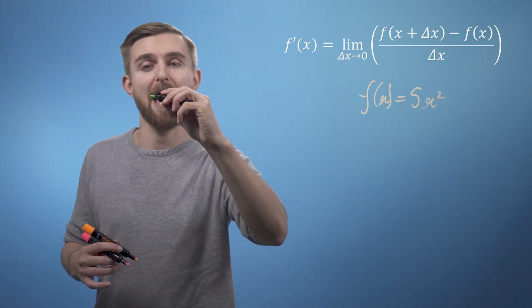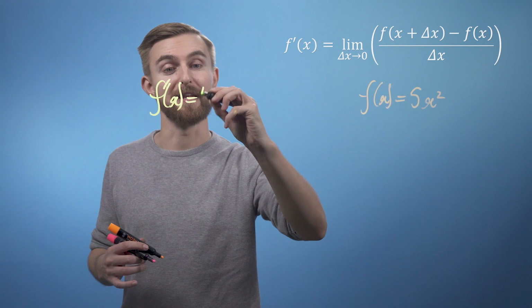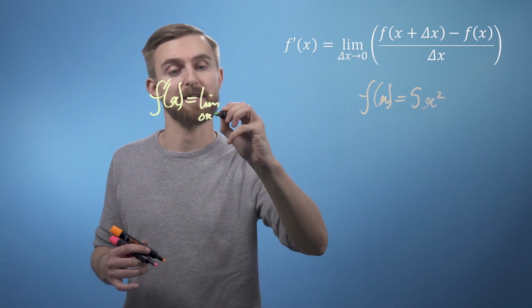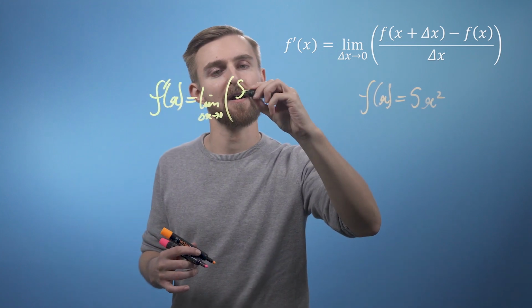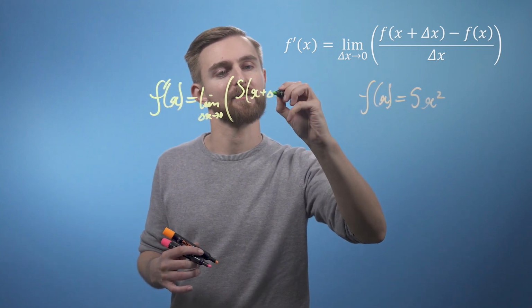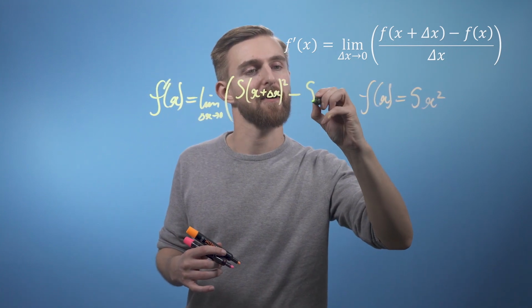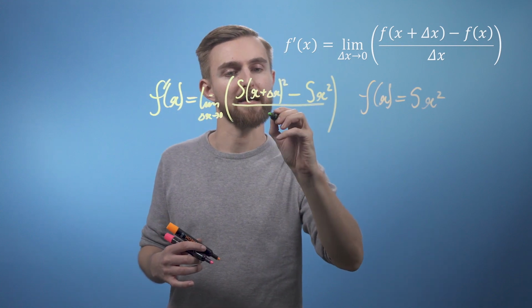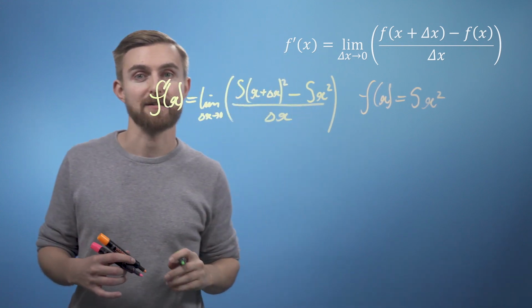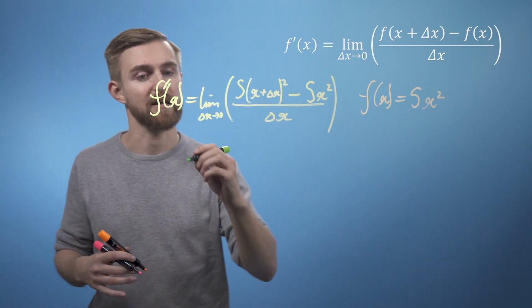So, f dash of x equals the limit as delta x goes to 0 of, well, we've got (5x plus delta x) all squared minus 5x squared, all divided by delta x. And all we're going to do now is work through the algebra and see what comes out the other side.